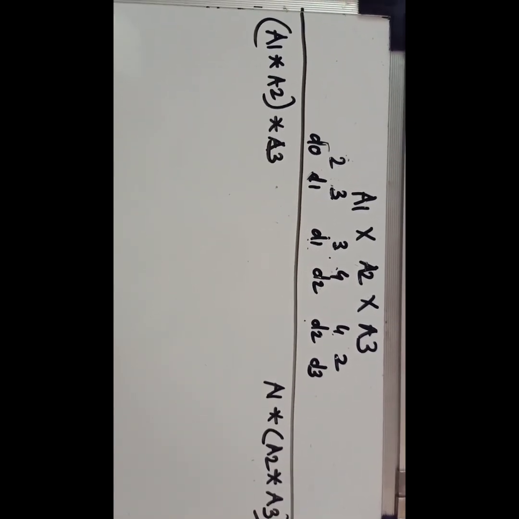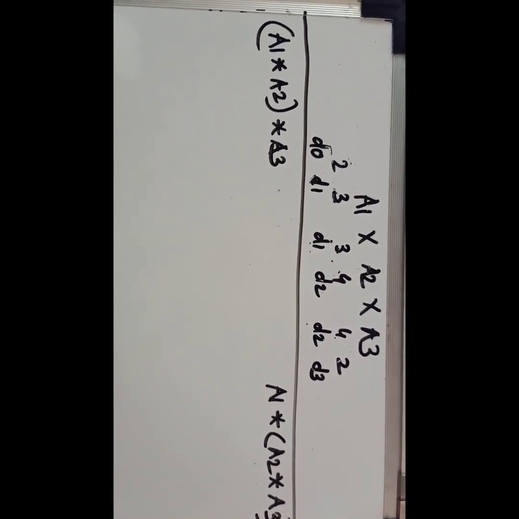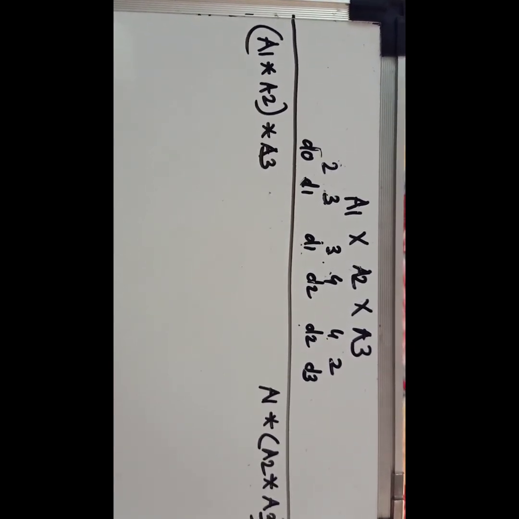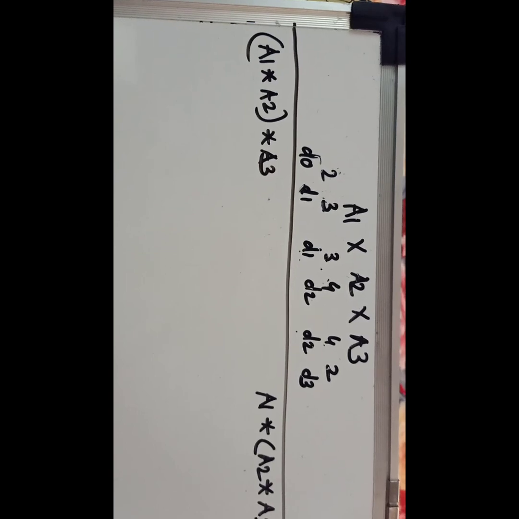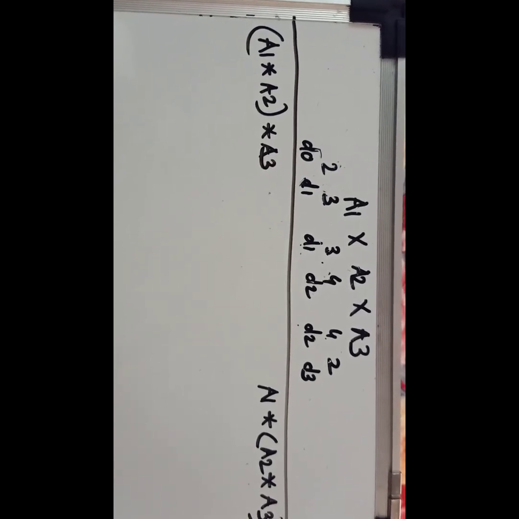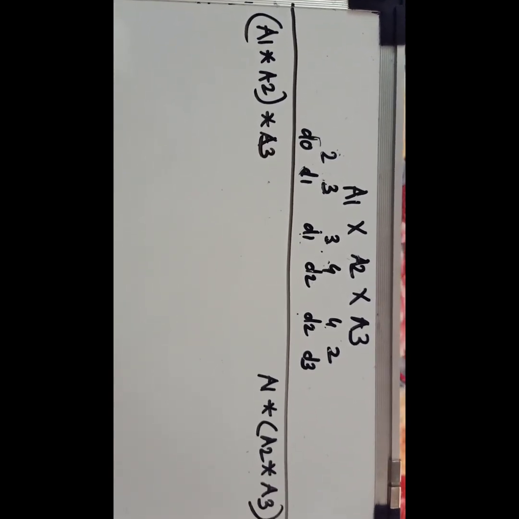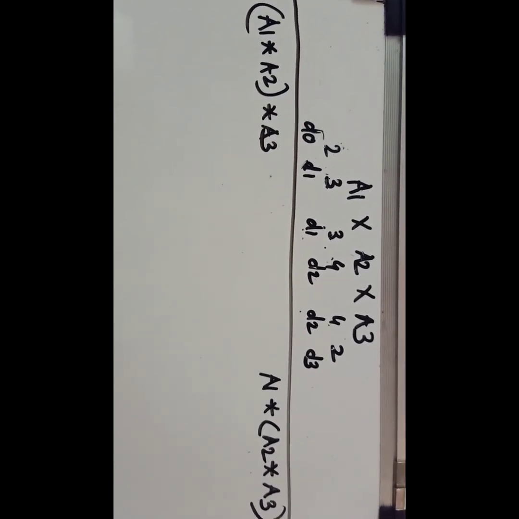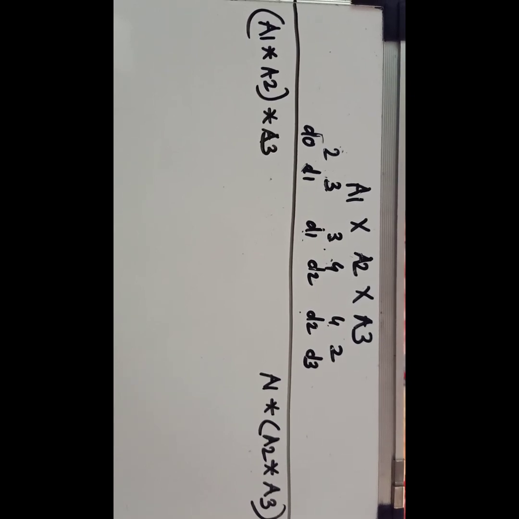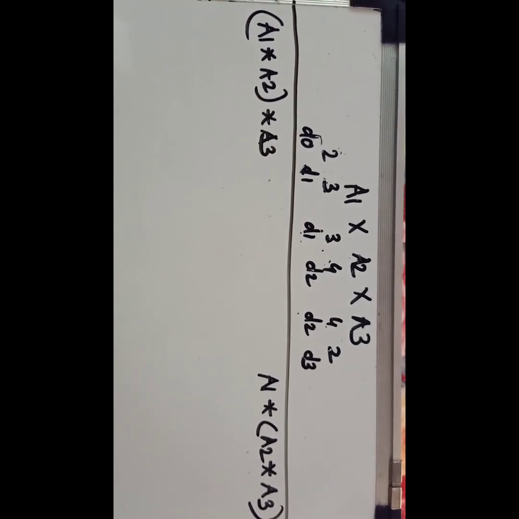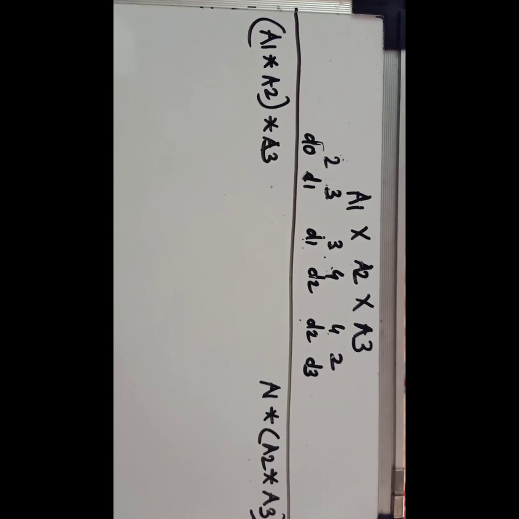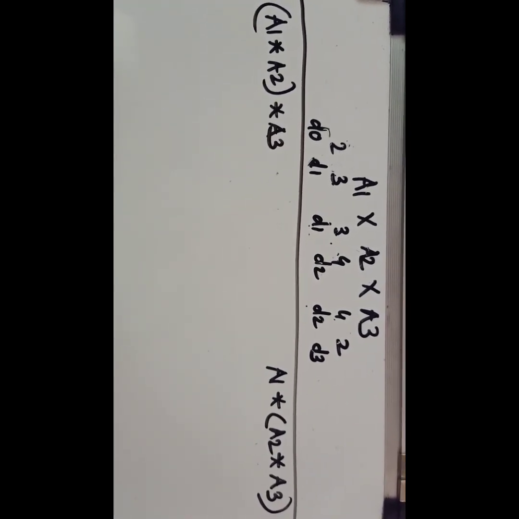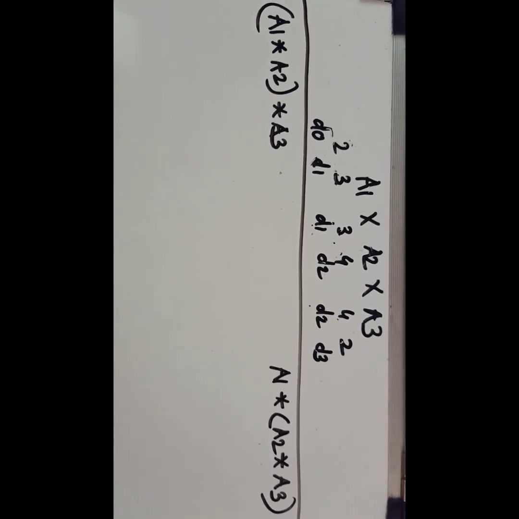Right, now it's fine for three matrices, but suppose I want to go for matrix multiplication of 10 matrices. Then the method we have applied for three matrices cannot be applied. Why? Because the number of possible sequences will be huge and it will be difficult to manage, right? So what we will do now is try to devise a formula with the help of these three matrices multiplication.